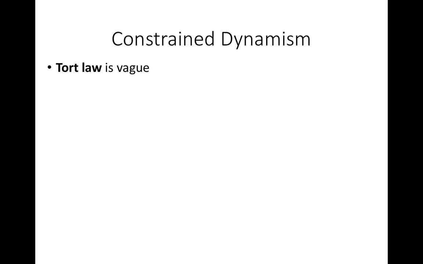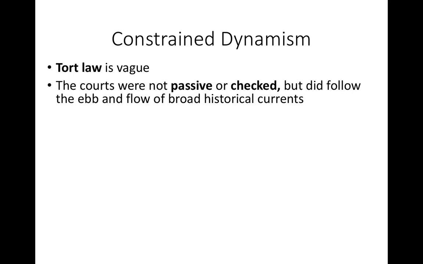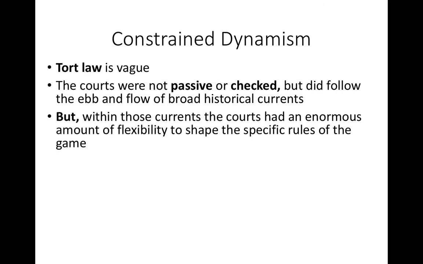Suggesting that doctrinal constraints were quite low. Also, the courts were not passive or checked to a large degree by the elected branches, suggesting that institutional constraints were pretty low, yet the courts did follow the ebb and flow of broad historical currents, suggesting that they were also pretty low cultural constraints faced by the courts at the time.